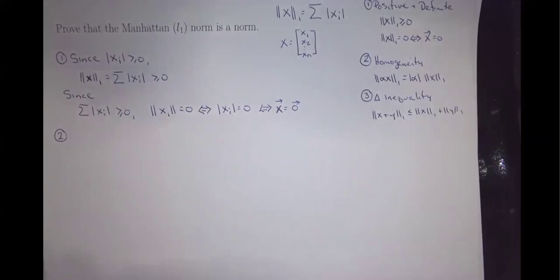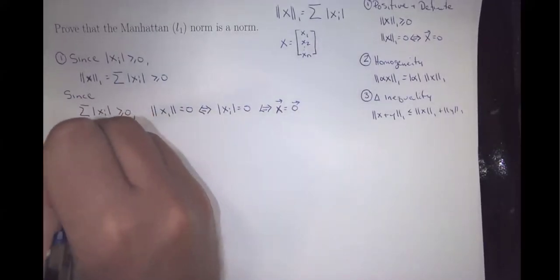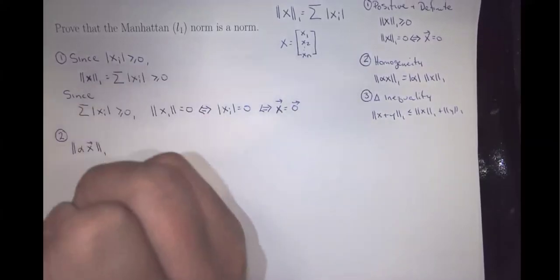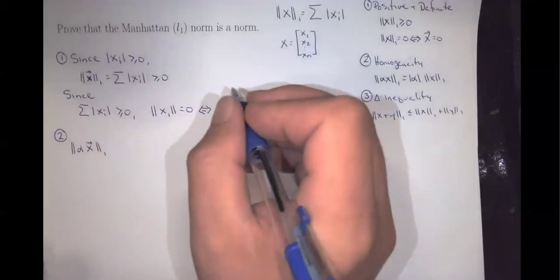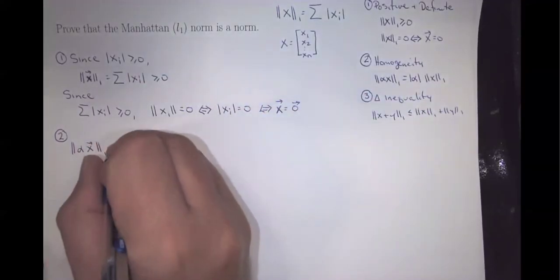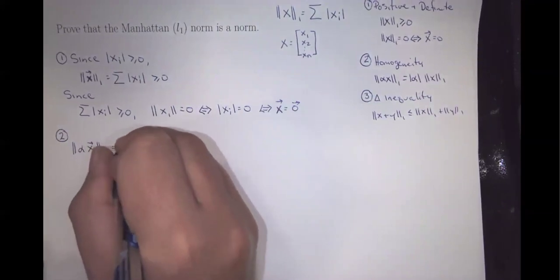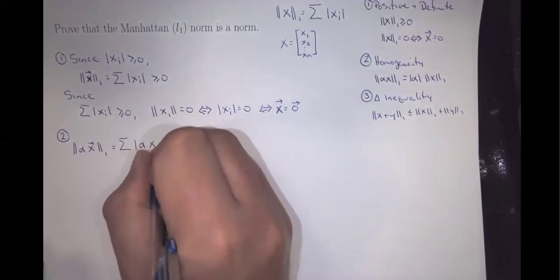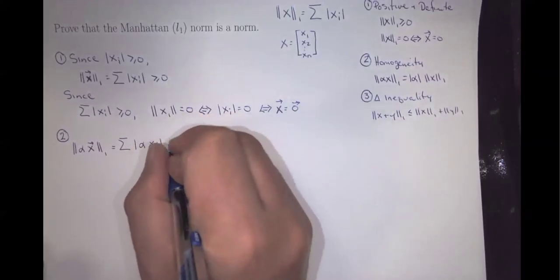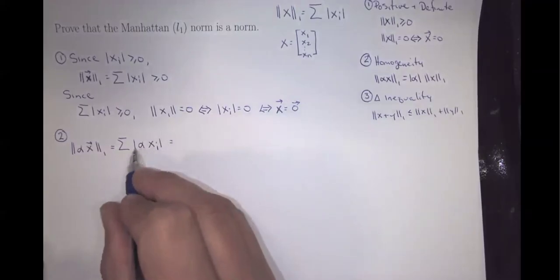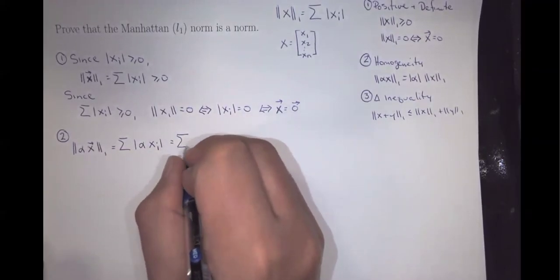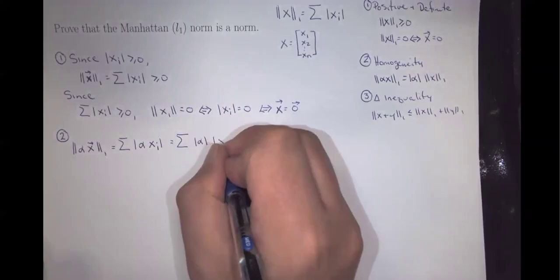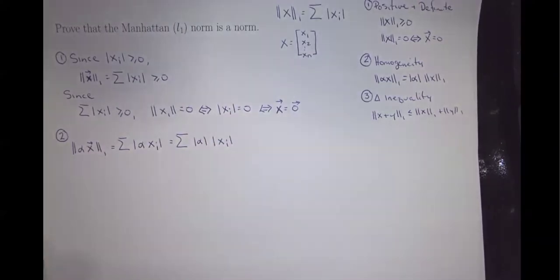Homogeneity. Well, if we take a real number alpha, the one norm of alpha x, I should just be a little careful here, the one norm of alpha x is equal to the sum of the absolute value of alpha times each component xi. Now, the absolute value of a component times some scalar is that scalar by absolute value times each component.